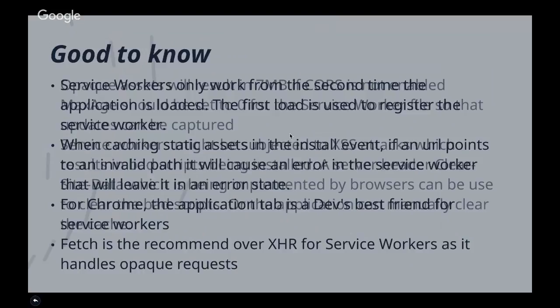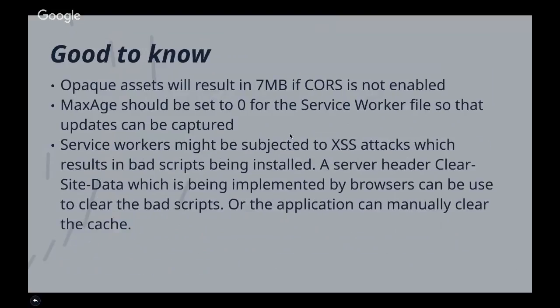And the next thing is opaque access will result in 7 megabytes if CORS is not enabled on your server. So if you ever get into times when your browser cache is full, that's one thing you should check.